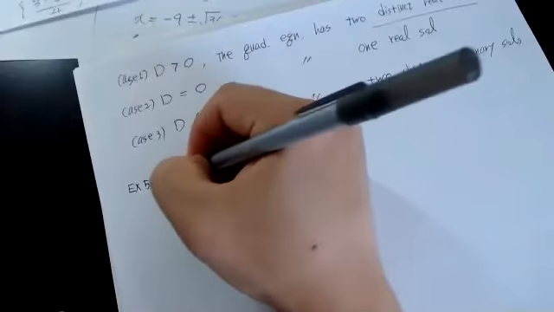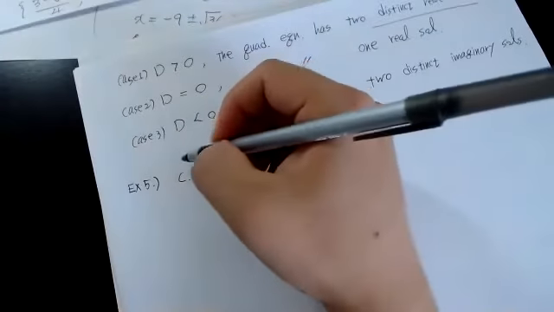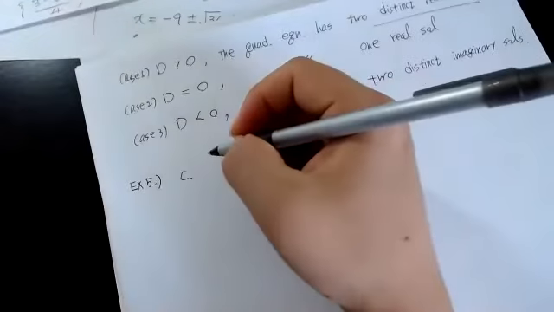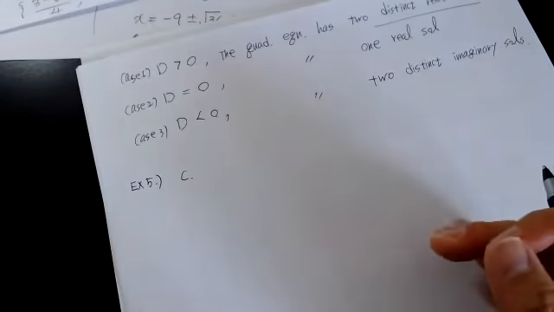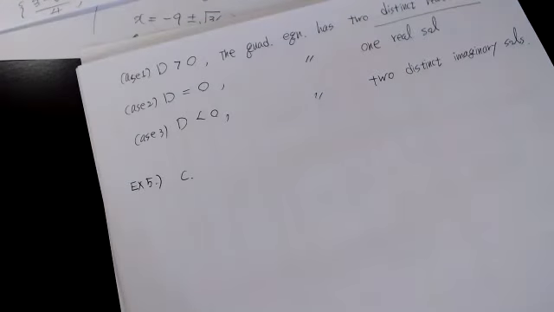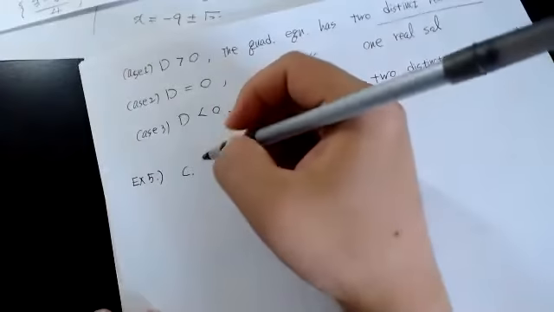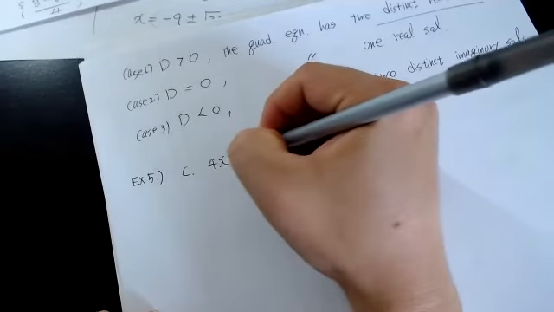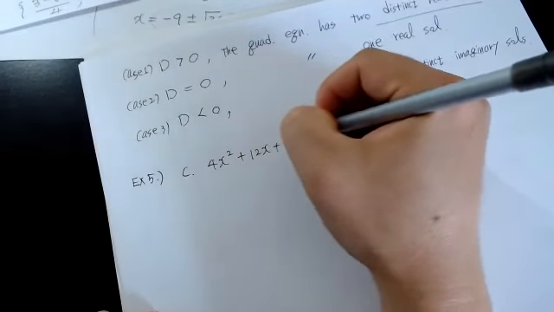So problem number C. For each equation, state the value of the discriminant and the number of real solutions. Please look at the other two problems, A and B. For C, 4x squared plus 12x plus 9 equals 0.